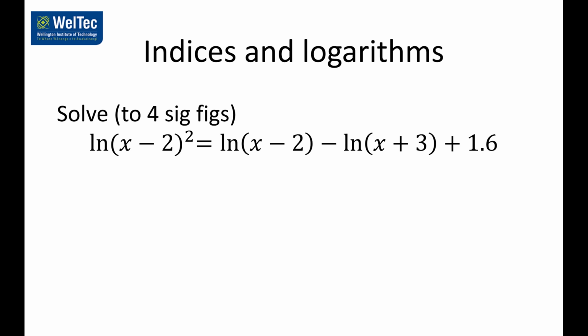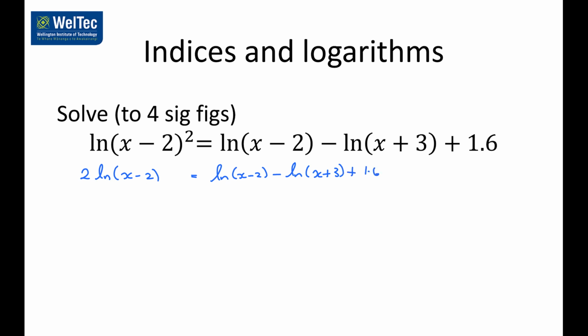A different kind of problem to solve is one where it's purely algebraic, and let's just start using the rules of logs. So we'd bring the 2 down to the front. 2 natural log of x minus 2 equals natural log of x minus 2 minus natural log of x plus 3 plus 1.6.